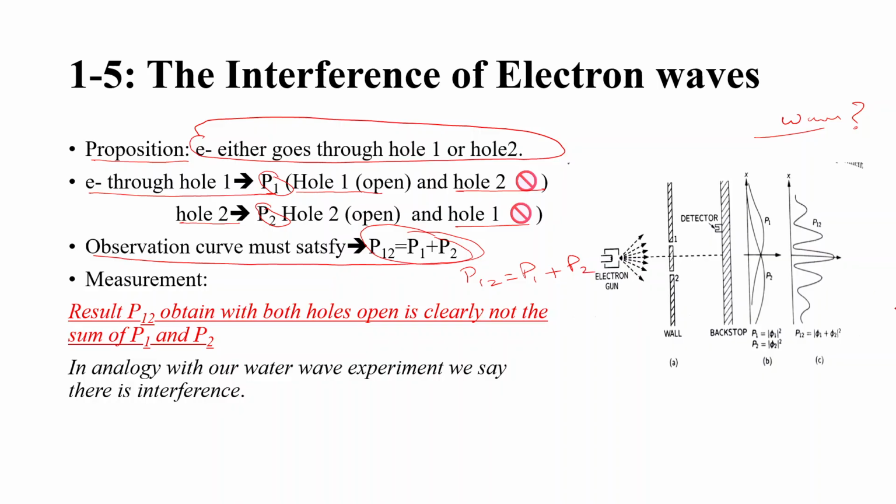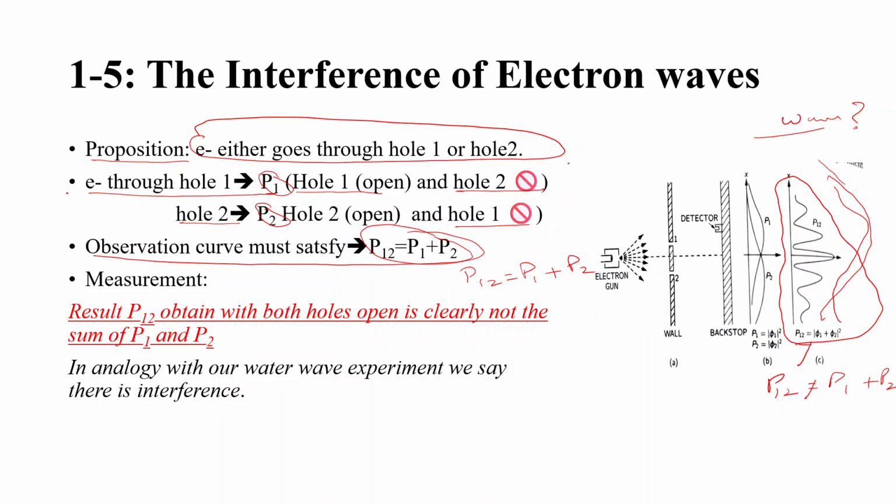But in our experiment, we can see that it is not equal to P1 plus P2, because P1 plus P2 must give a curve like this. Okay, a simple mountain.